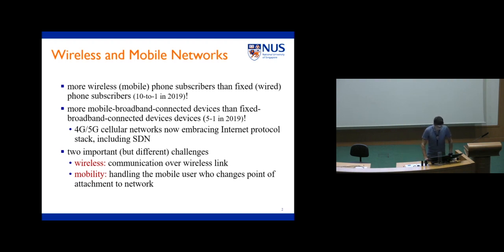Yeah, so as I said, in doing all this, there are two important challenges, the wireless and mobility challenges, and these challenges are different. So wireless here means that we need to transmit information over wireless links, and wireless transmission is unreliable compared to wired transmission because the packets are now subject to noise, and they're also subject to fading effects.